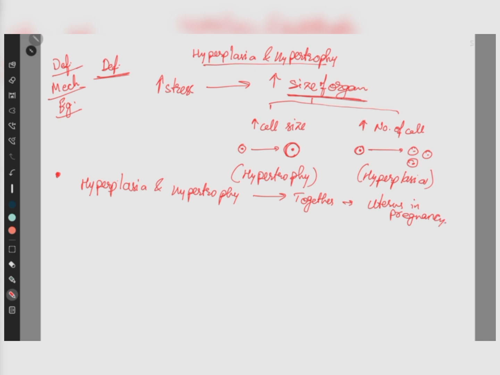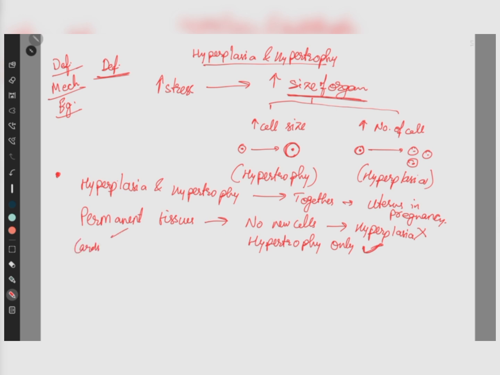The second point here to remember is that permanent tissues, as you know, never form new cells. No new cells are formed. Hence, it does not show hyperplasia. It shows only hypertrophy. So you should basically know what are the permanent tissues.